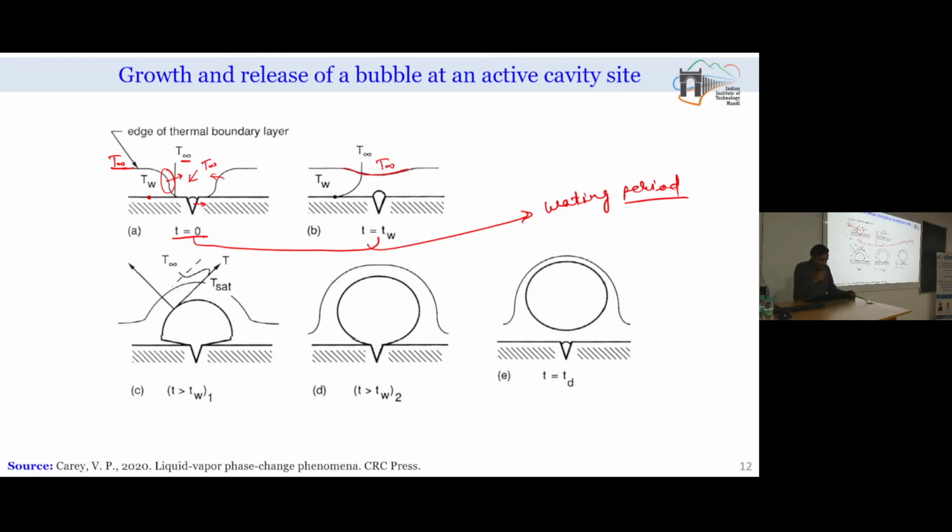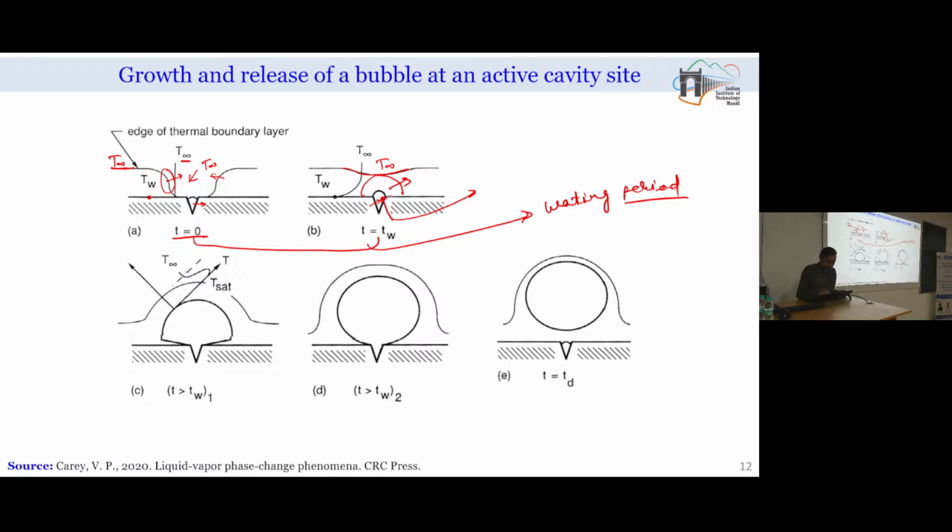After this point, in this zone the water has sufficient superheat. So if it has sufficient superheat and a significant amount of vapor volume has come and the site has become active, then from this point we will have immediate, or say faster, growth of the vapor coming out of the cavity.